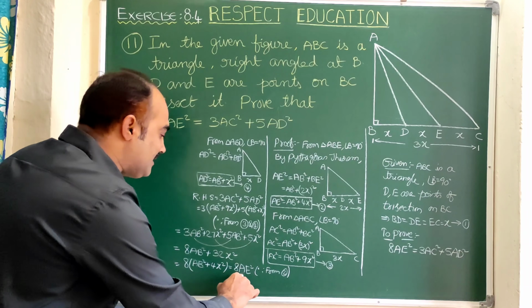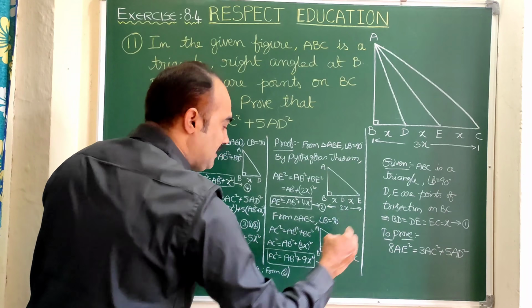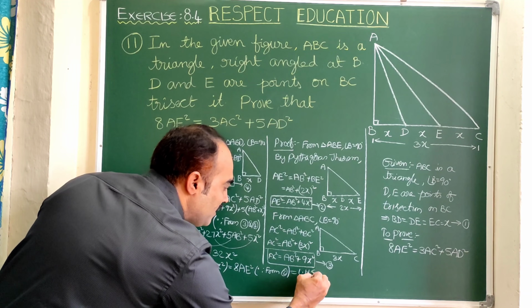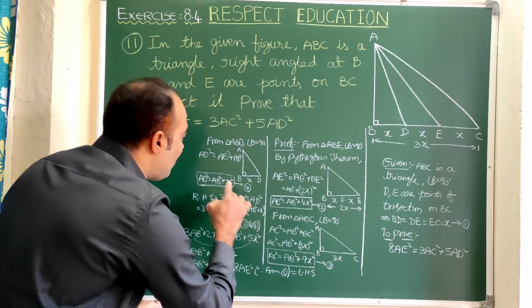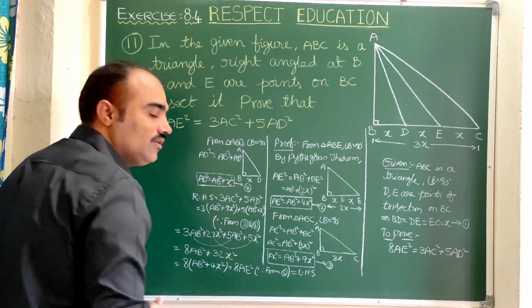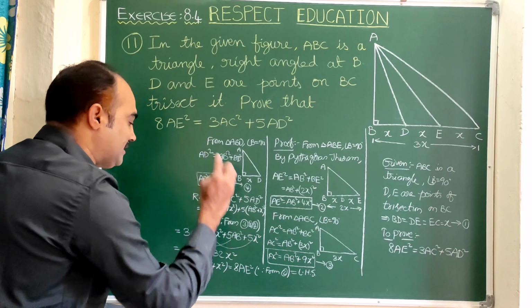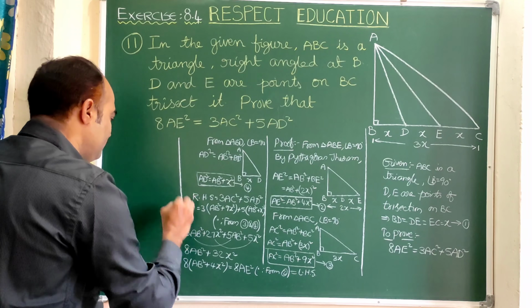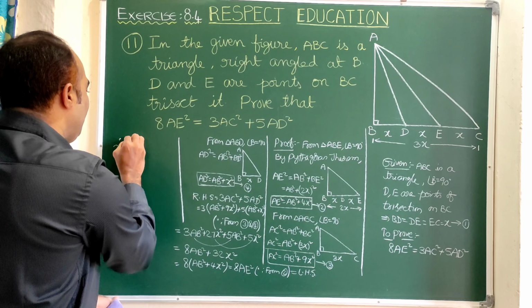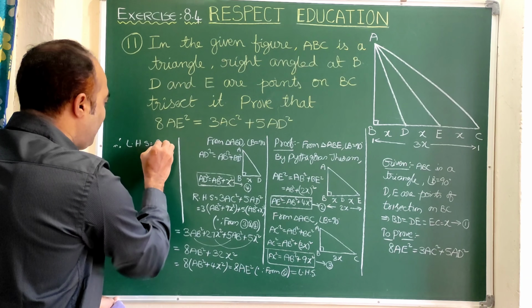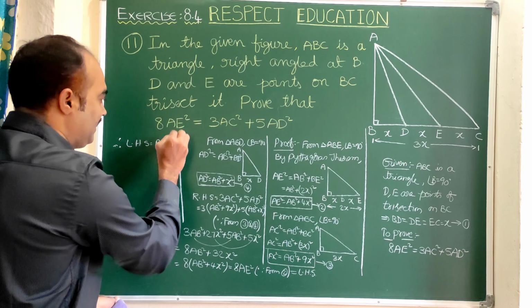So here this is what our LHS. This 8AE square is nothing but LHS. So here if we take RHS, we got LHS. So we can write LHS equal to RHS. Therefore we have LHS is equal to RHS, right?